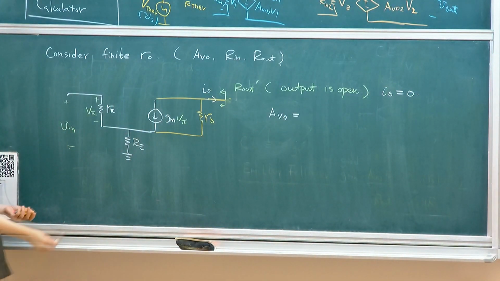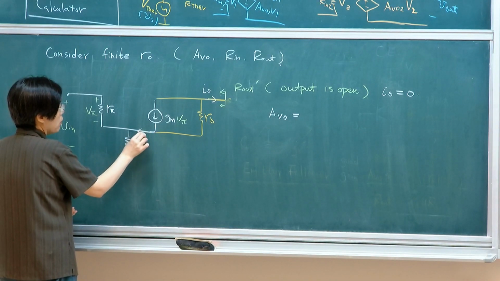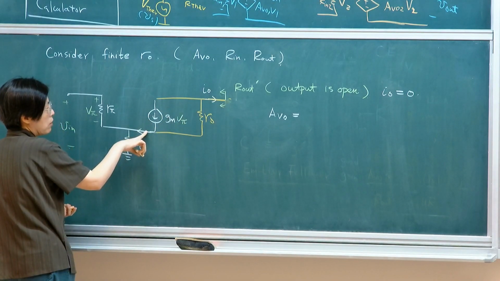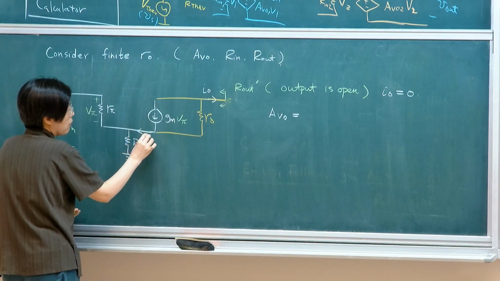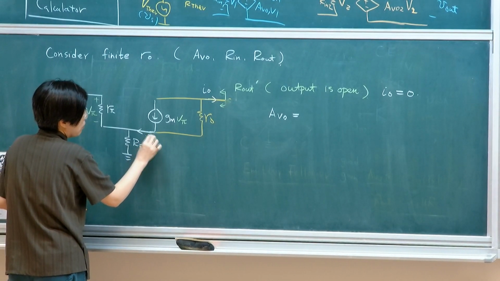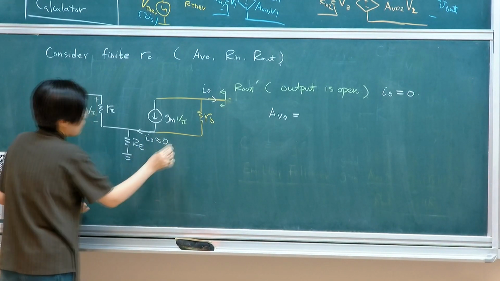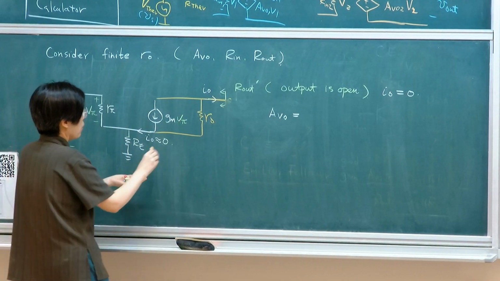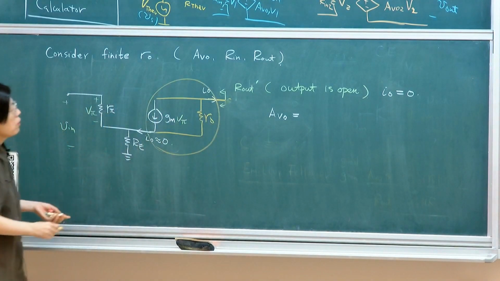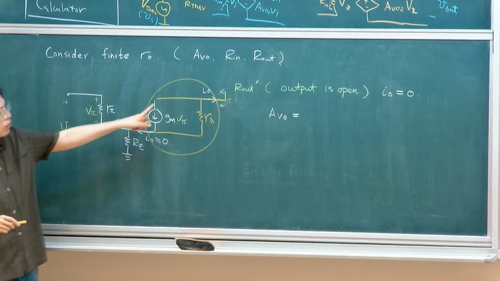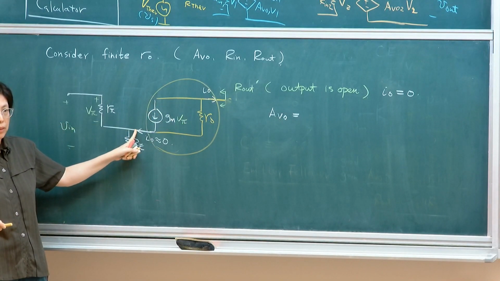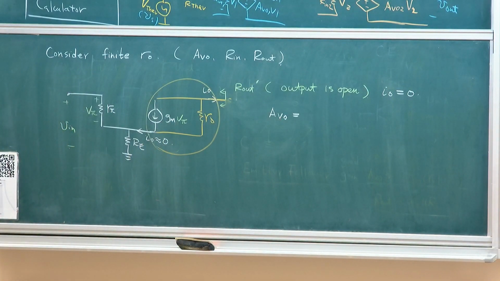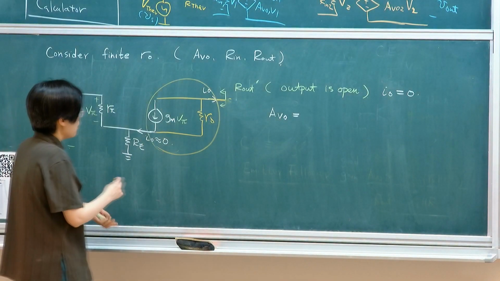So what does that imply? It implies that the current coming down here is basically 0. Right? This is open, so the current coming down from this branch is basically 0, because if you wrap it all together, this open simply means that this terminal is open, since it is the same terminal.